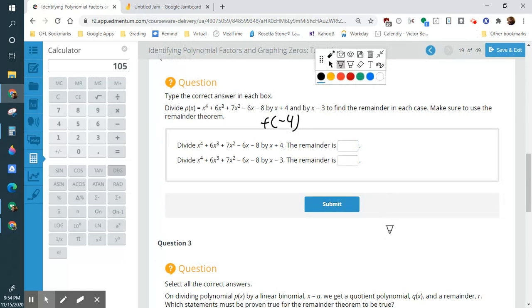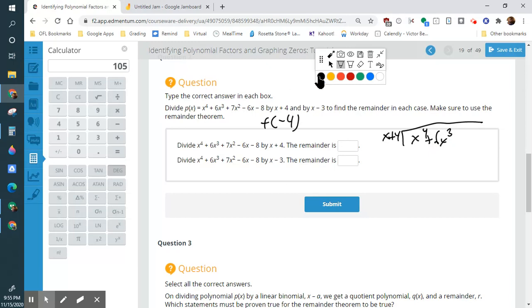Hmm. Well, let's divide it out. x plus 4. I didn't want to, but I'm going to. I was going to show you guys how to do synthetic division. Synthetic division is a lot nicer looking, I think, personally, than this.